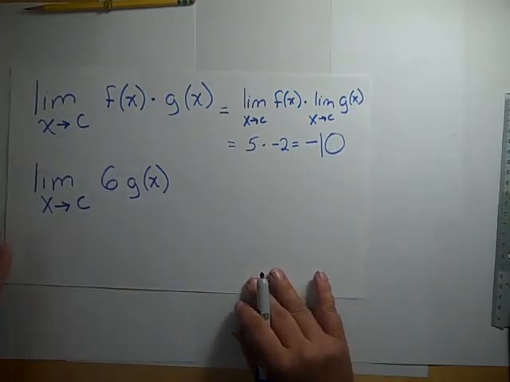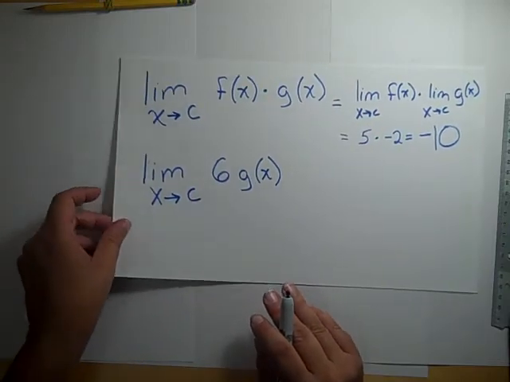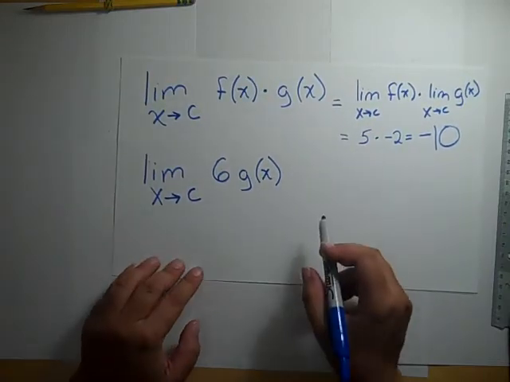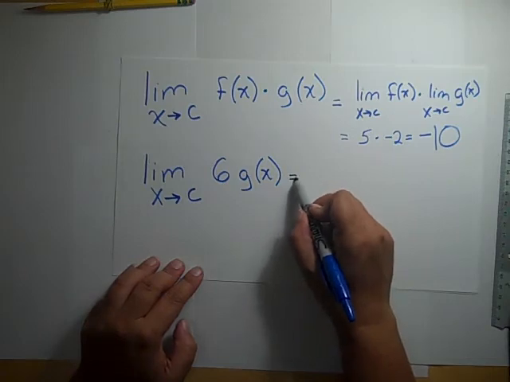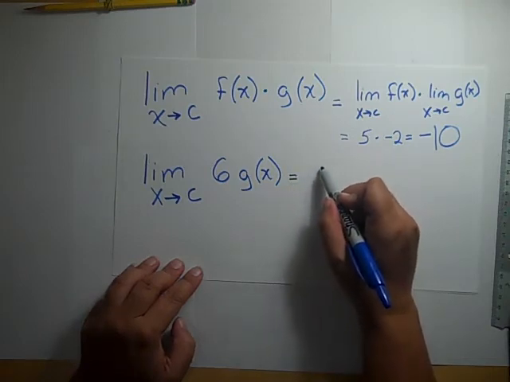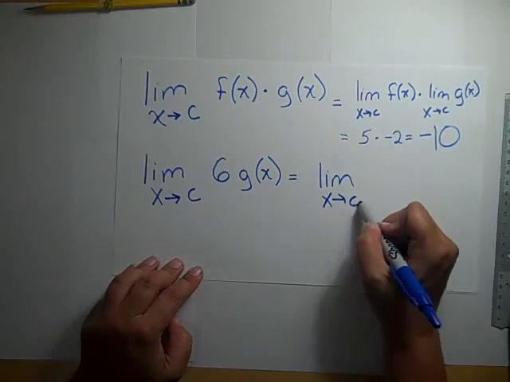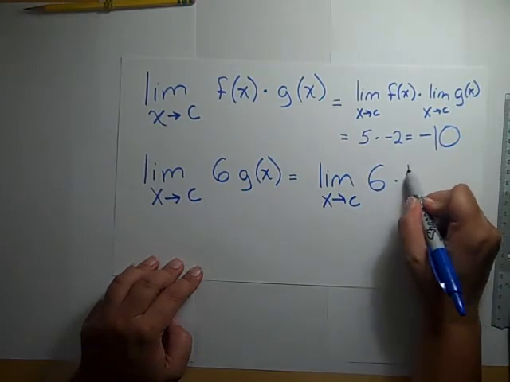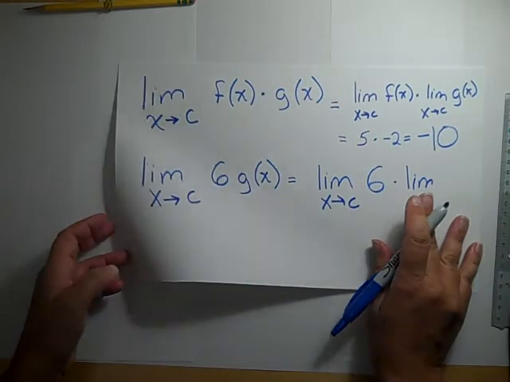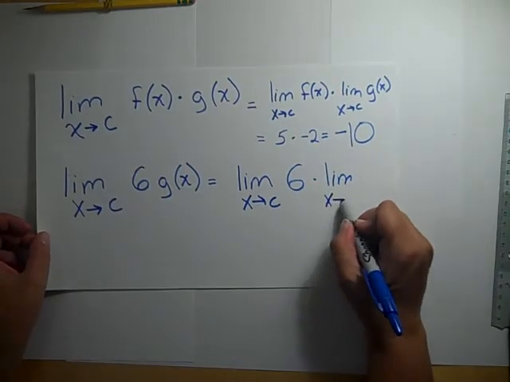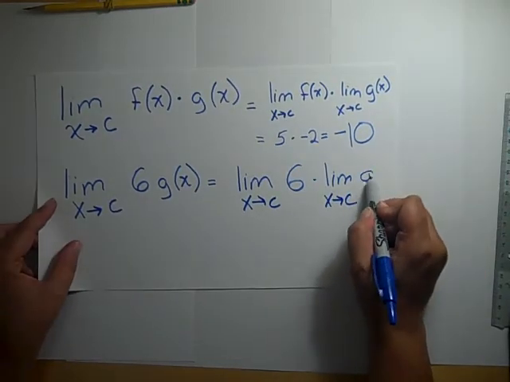And then the next one asks, what is the limit as x approaches c of 6 times g of x? So you can do this by saying the limit as x approaches c of 6 times the limit as x approaches c of g of x.